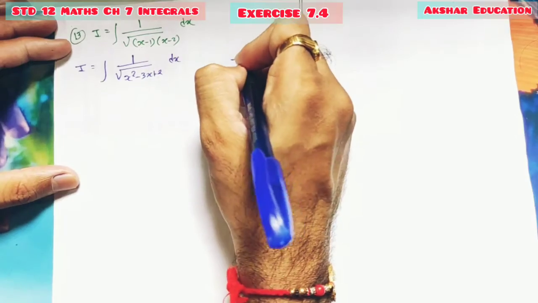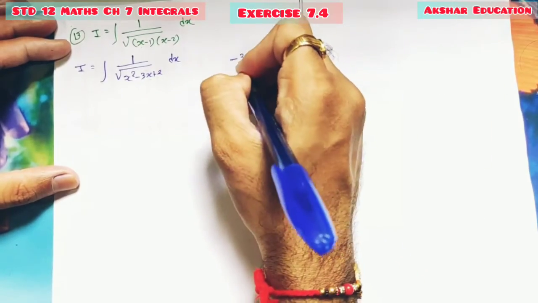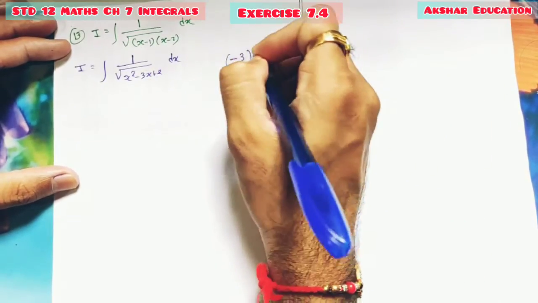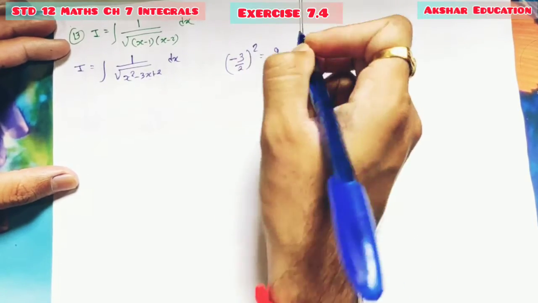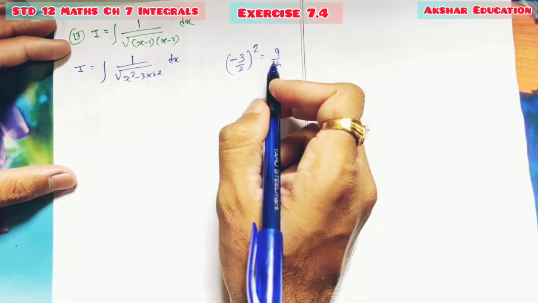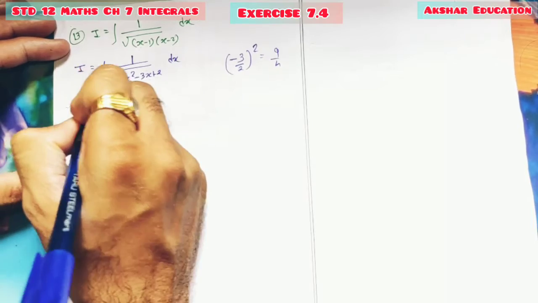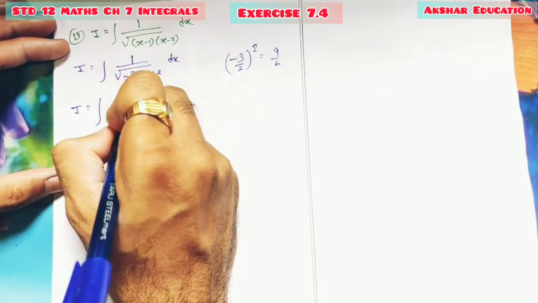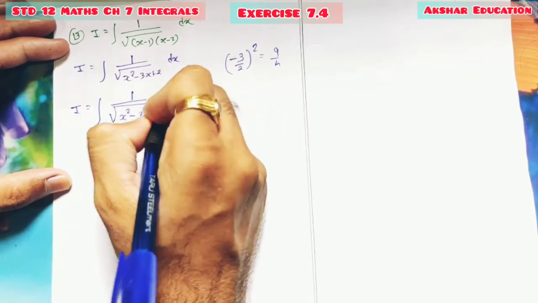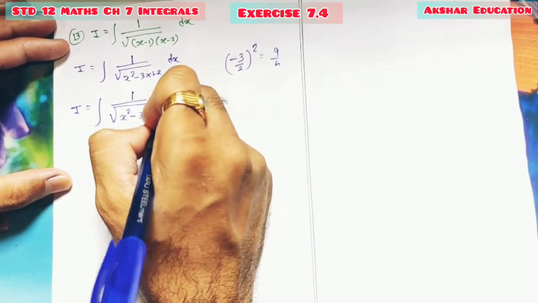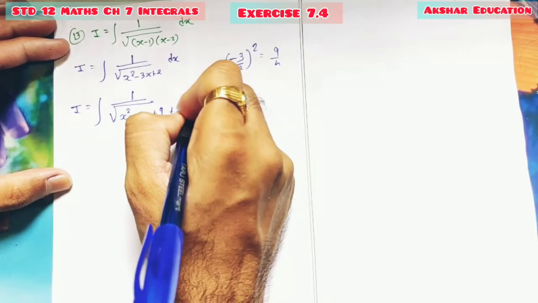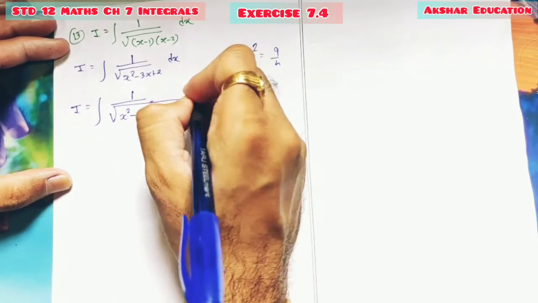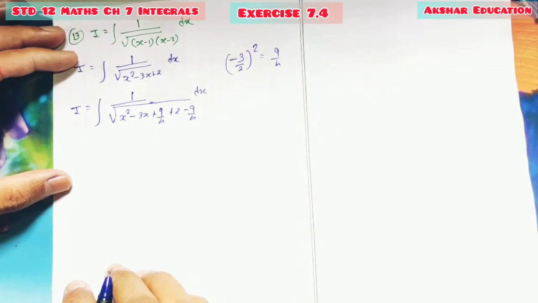Coefficient of x is minus 3. Divide it by 2 and take the square. We are getting 9 by 4. You have to add and subtract this 9 by 4 to complete our square. So this is 1 upon square root of, this is the first term, this is the middle term, and the last term is 9 by 4 plus 2 minus 9 by 4, dx.